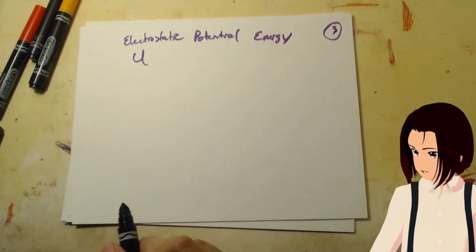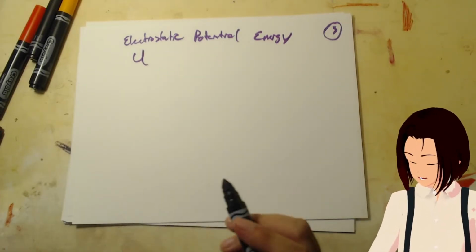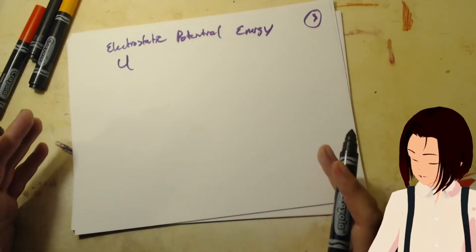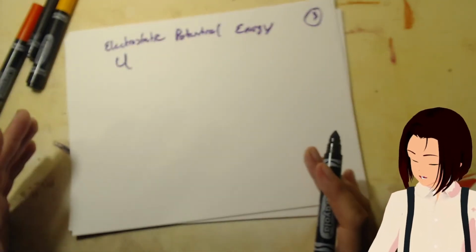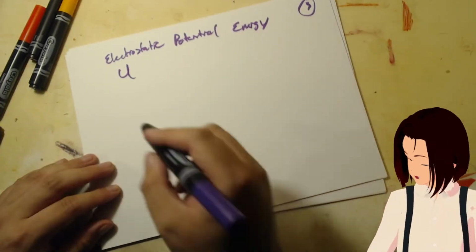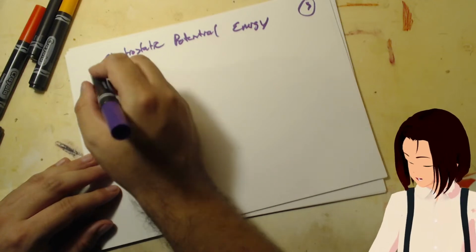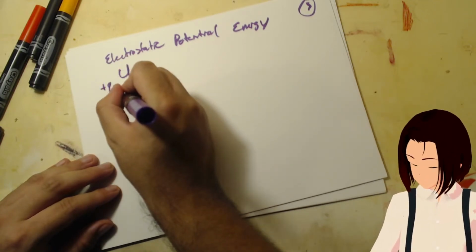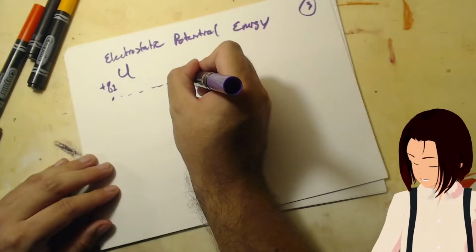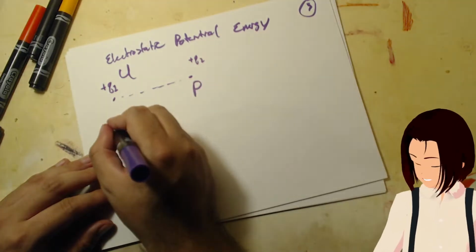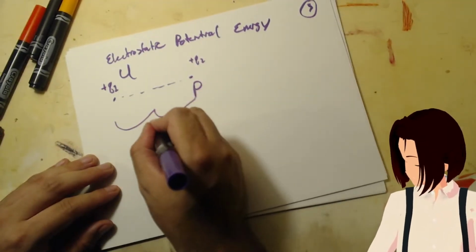So here's the thing about electrostatic potential energy. We have two positive charges separated by a distance r, and Q2 is at point P. So here we have a positive charge Q1, and a positive charge Q2 at point P, separated by r.